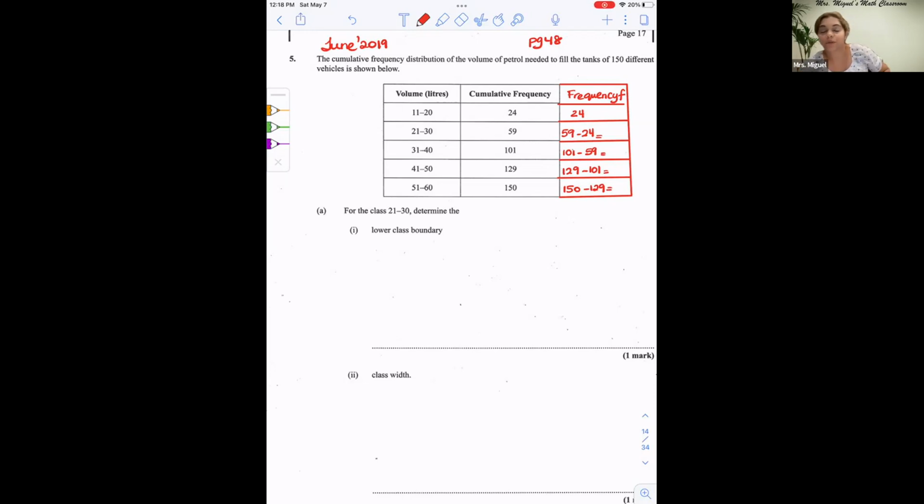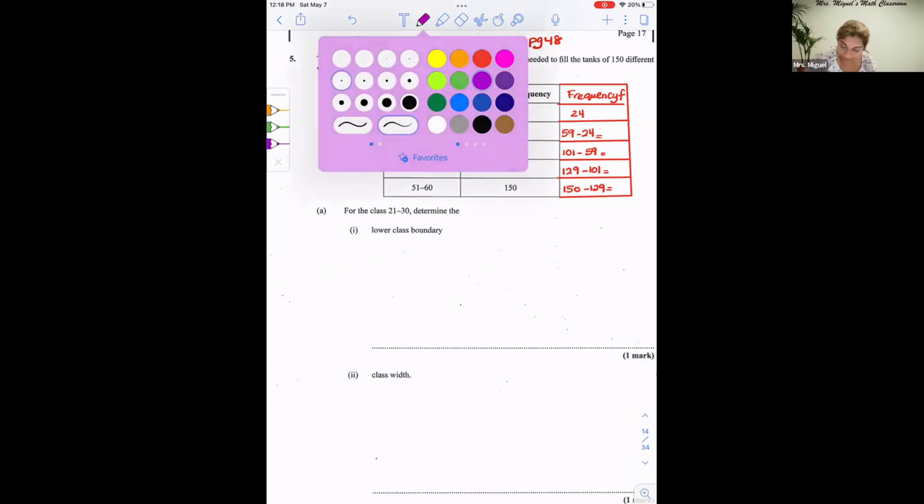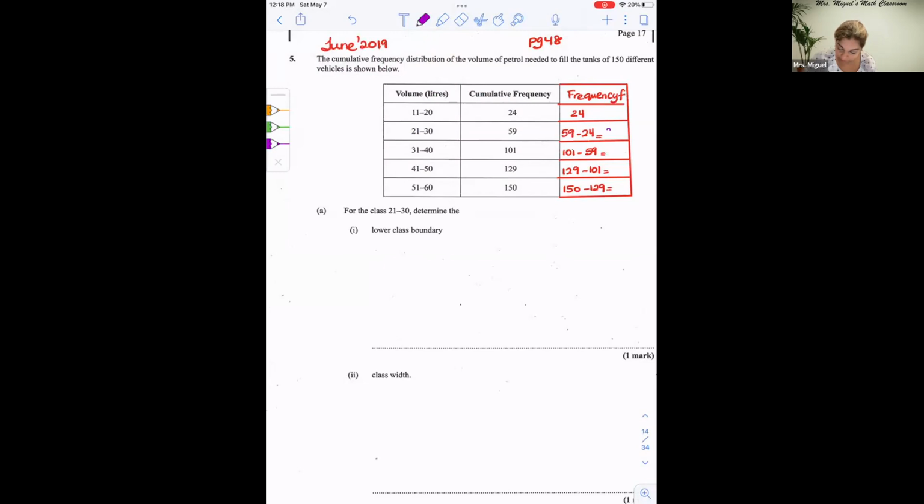All right, do you all have the values for the frequency column? Yes, miss. All right, so you have these values: 24, 35, 42, 28, and 21. Do you all have that? Yes, miss. All right, find the total for me and see how much you get.